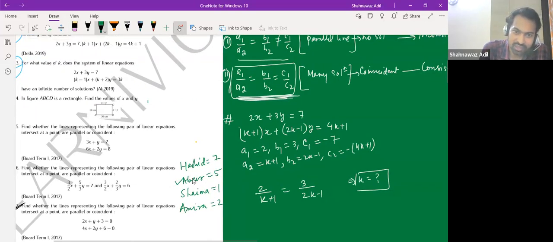So now Harshit's vote is transferred to Abhi. Shreyash's vote also goes to this one. Now Shaima and Amira, you are in the minority. Do you want to change your answer? Did you check your answer?